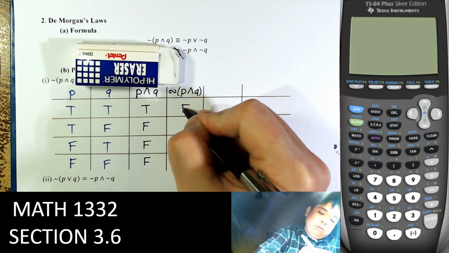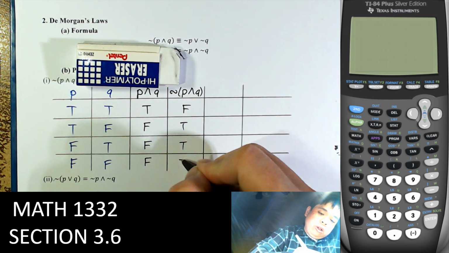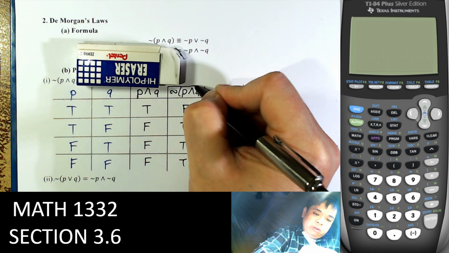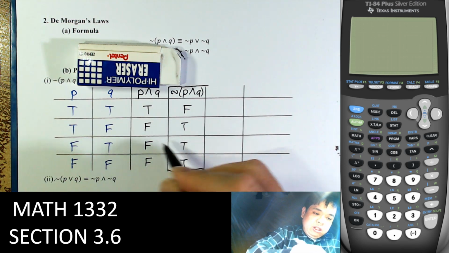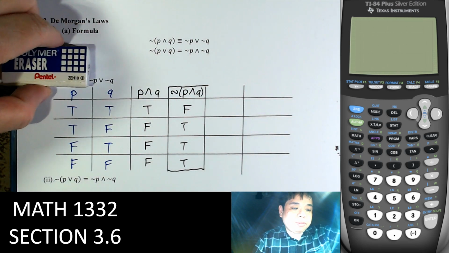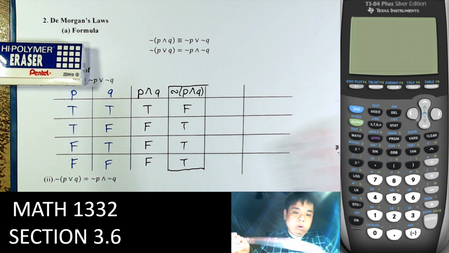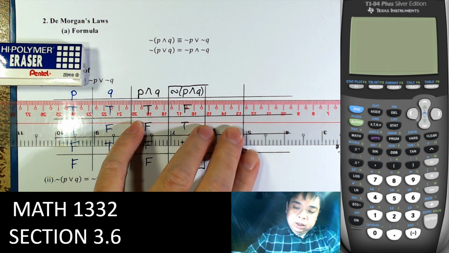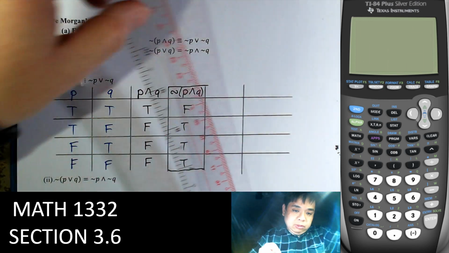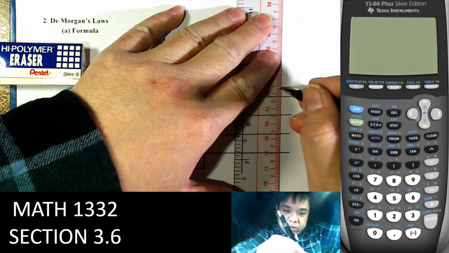So false, true, true, and true. This is the first column for the left hand side. Now for the right hand side, we're going to negate both of them, and then do the disjunction.